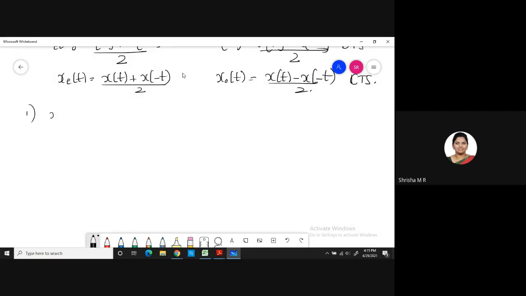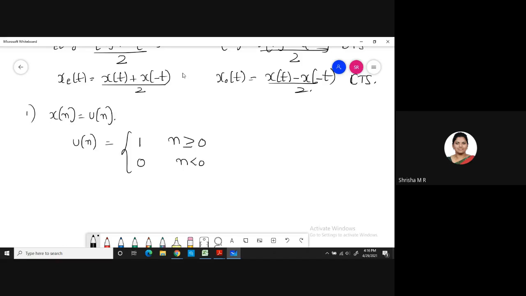So first problem is x of n is equal to u of n. What is u of n? Unit step signal. The amplitude is 1 for n greater than or equal to 0. It is 0 for n less than 0.